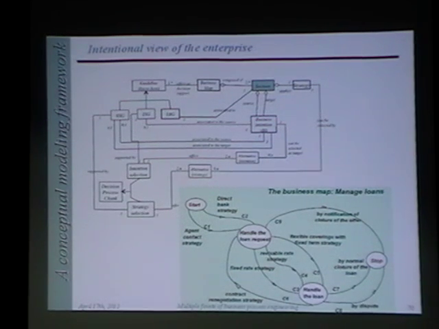The suggestion is to use this representation of a MAP model in order to represent the intentional view of the organization before going to the organizational and operational view, in terms of intentions and strategies, and finding some decision process terms, in order to help the business people to navigate in their business map using intentions that they would like to achieve and strategies or tactics they can use to achieve these intentions.